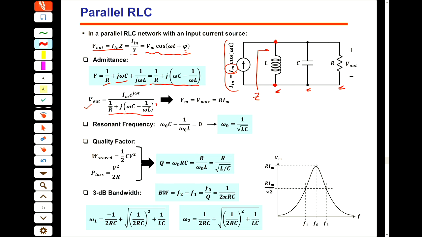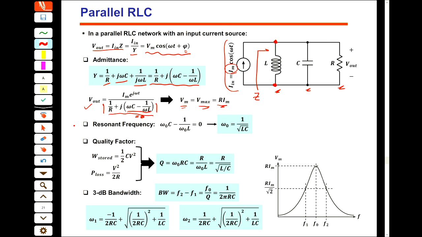The absolute value of this denominator is minimum when this part is equal to 0. Do you agree with me? Okay. So the Vm, or the Vmax, the maximum voltage, comes from only R multiplied by Im.